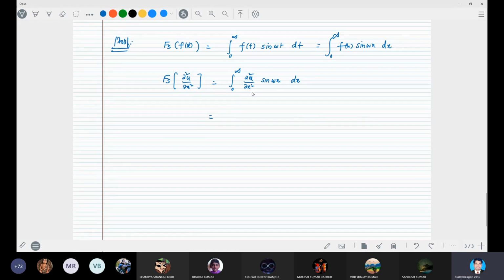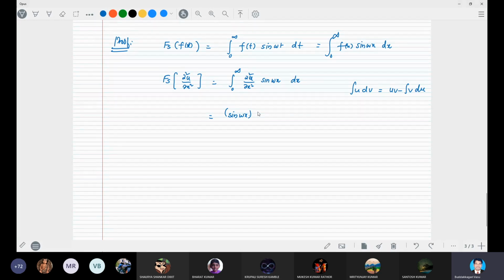So now we can apply the integral by parts. Integral u dv is equal to uv minus integral v du, right? Take u as sine omega x, and dv as ∂²u/∂x² dx.